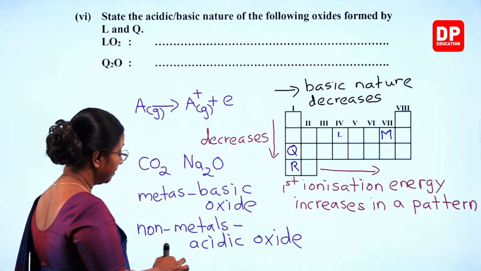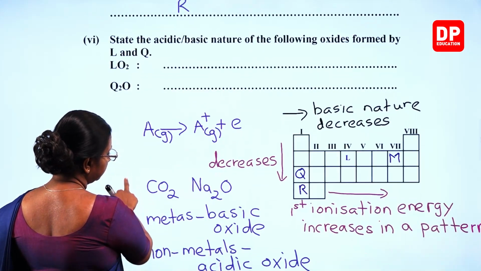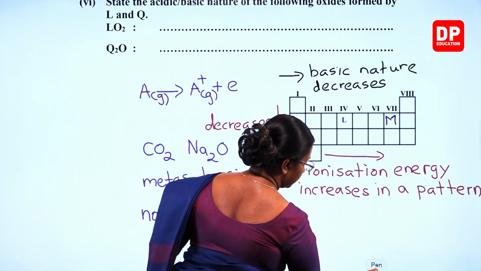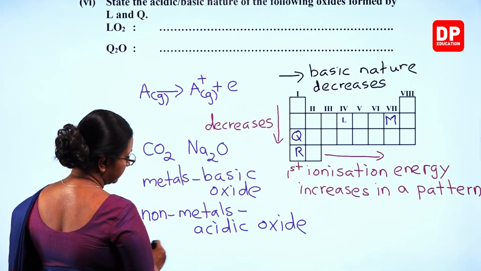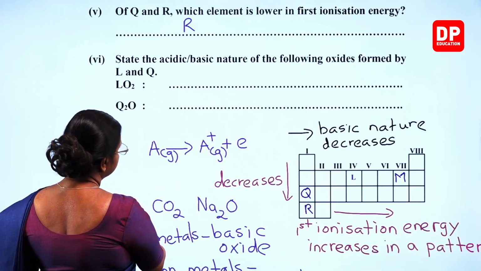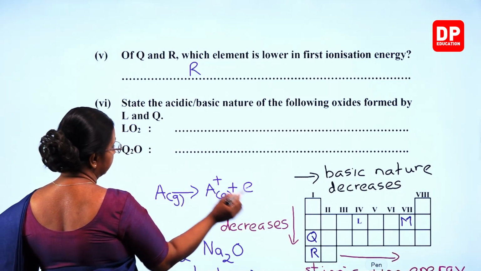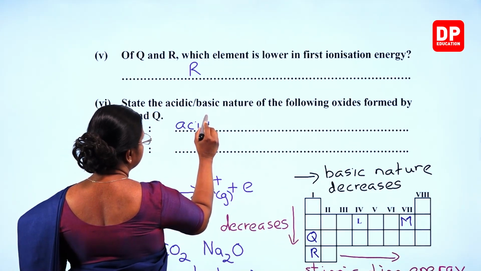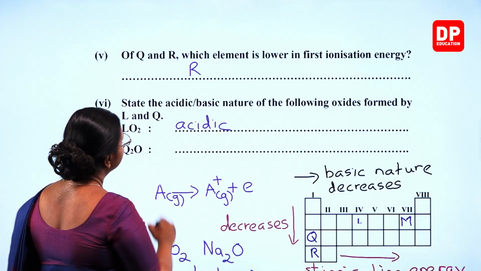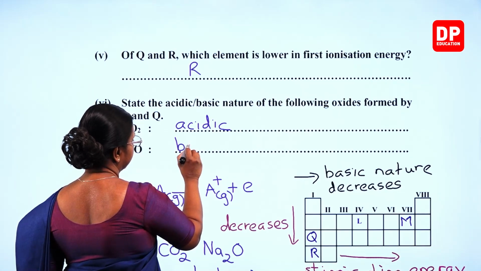So, that is what we need to write here. Here this should be metals, basic oxide. So, then if we write the answer, LO2, that is group 4 carbon dioxide, is acidic. Here they have us state the acidic basic nature, and Q2O basic.